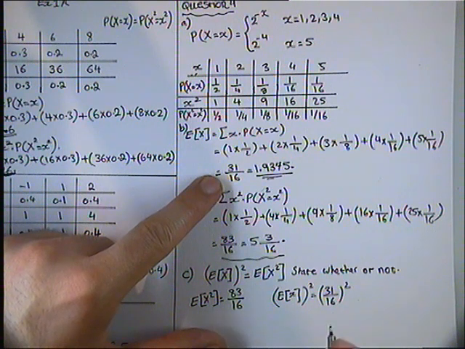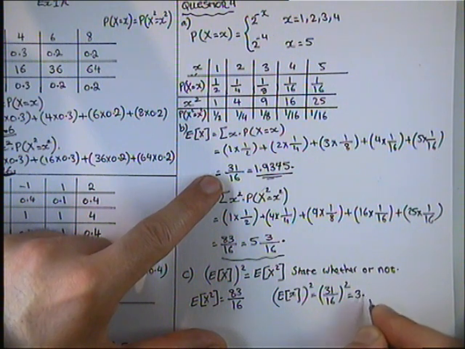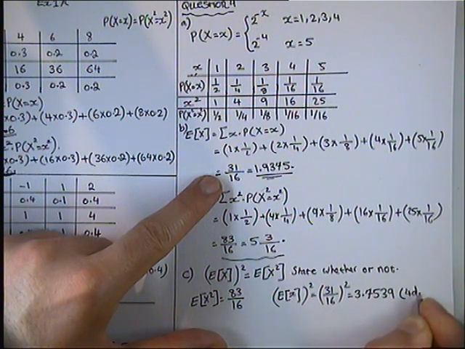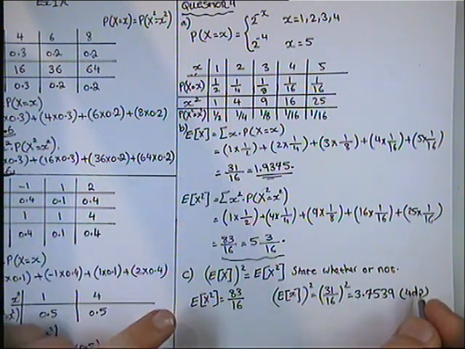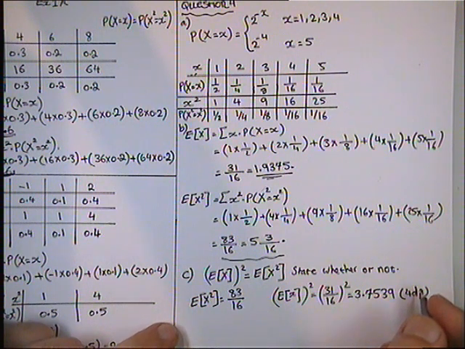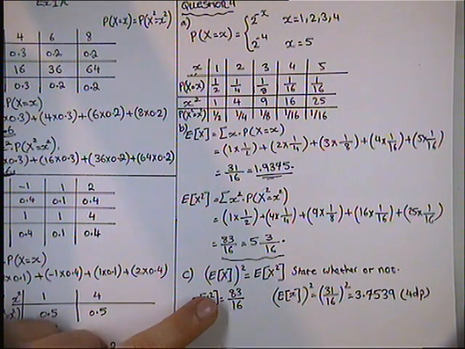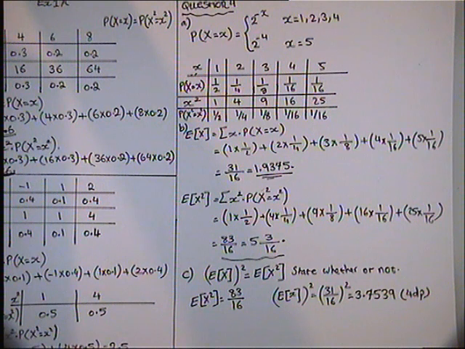Okay. So we get 3.7539 for decimal places. While E of x squared is not the same. So let's write down E of x squared as a decimal if we can.